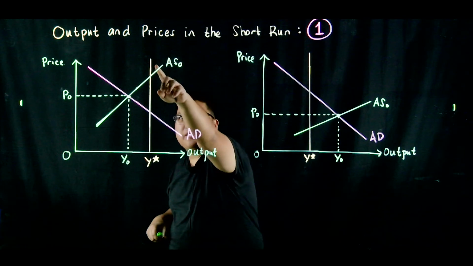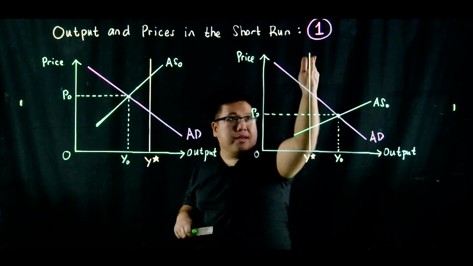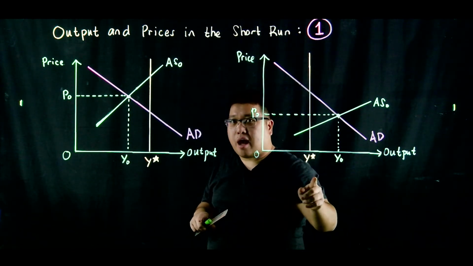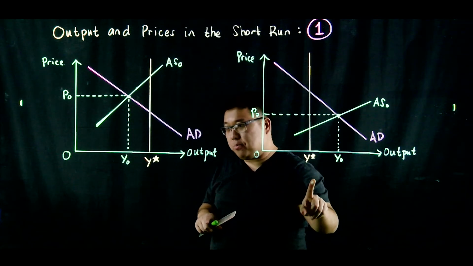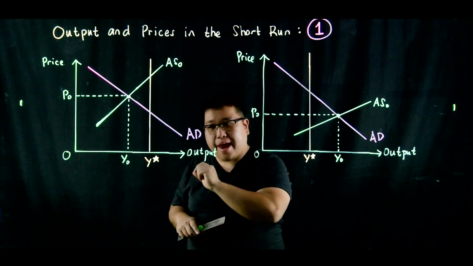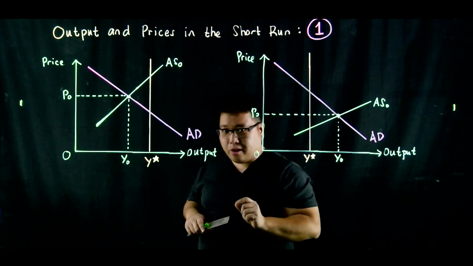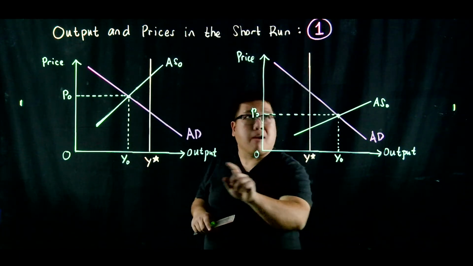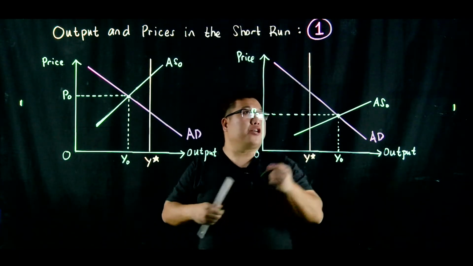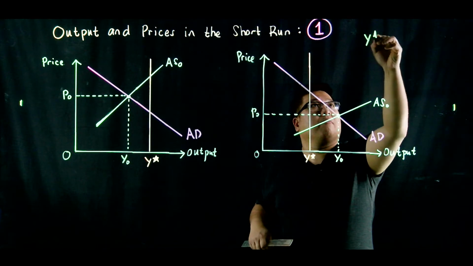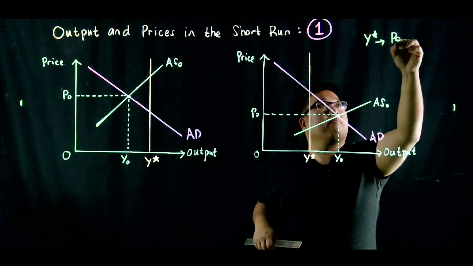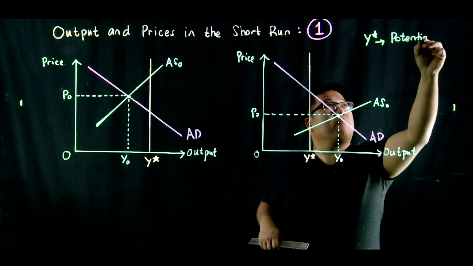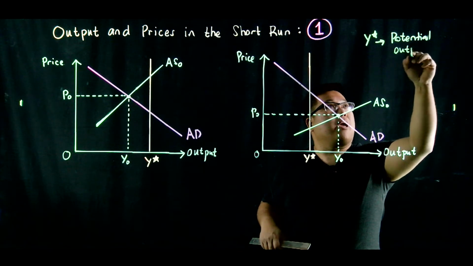And we have this solid line right here. This solid line indicates our long-run aggregate supply, which also indicates where our economy should be in the long run. This Y star is what we call potential output. Okay, potential output.